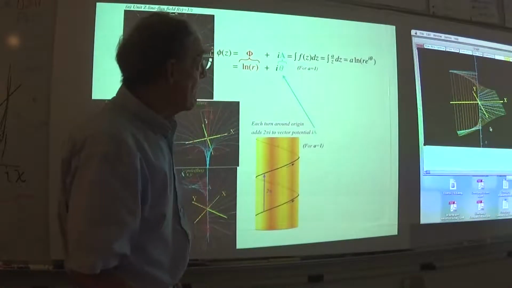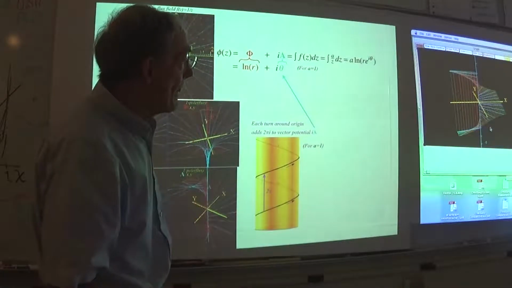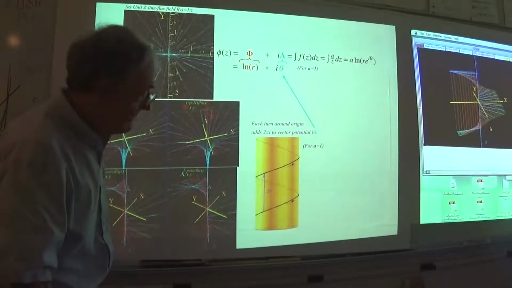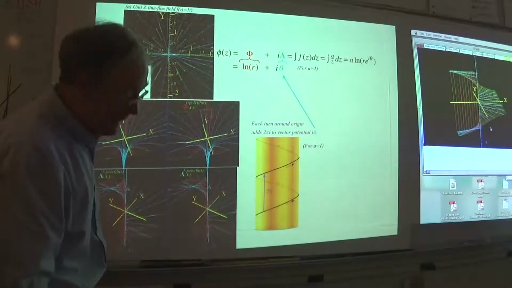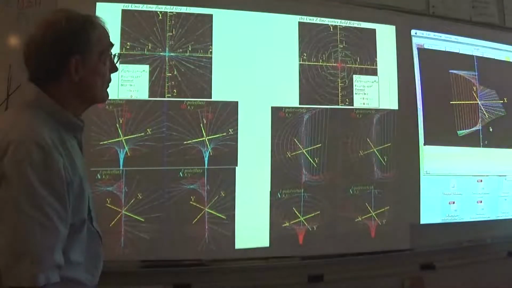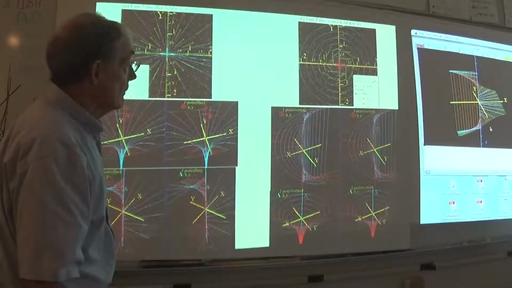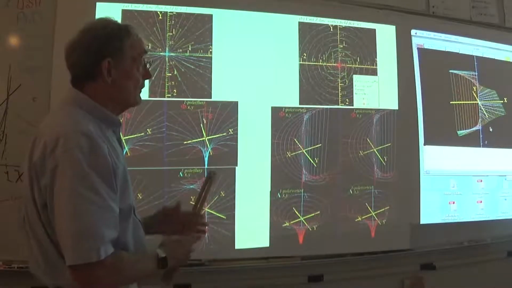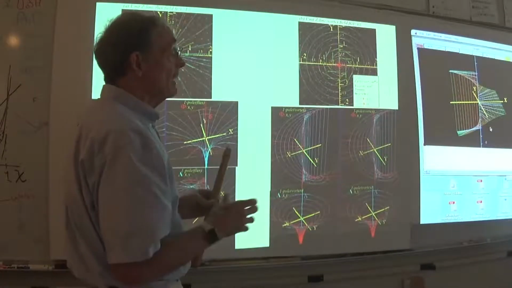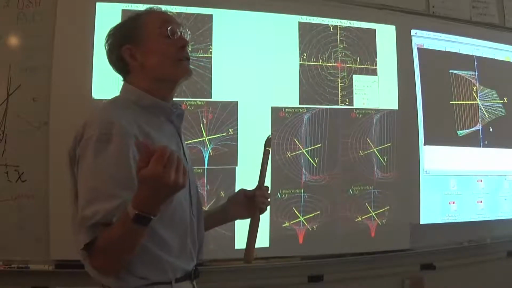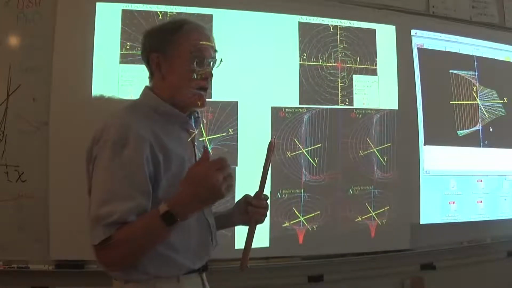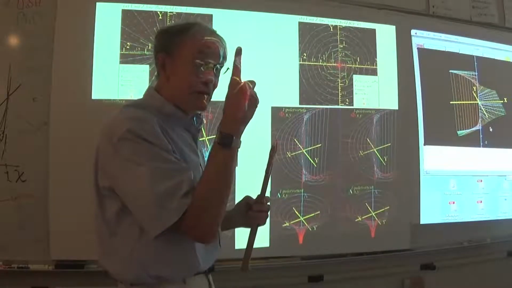Okay. Let me see if there's anything I can do here that would make that a little clearer. One of the ways I can do this, and this is kind of screwy, is take a look at what the plot would be if I had a vortex, or if I was dealing with a magnetic field around a single wire.